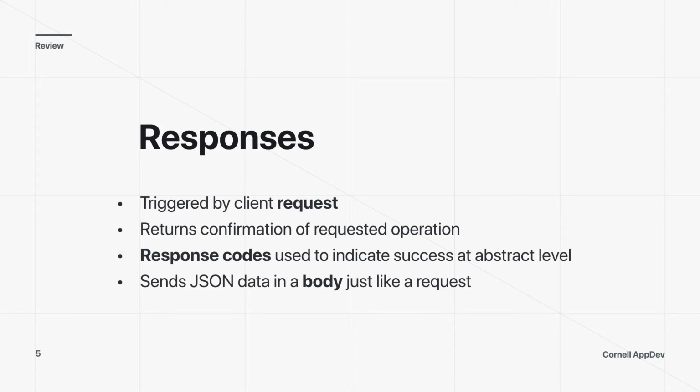Now, as for responses, they're triggered by a client request, and they also come with response codes such as 404 or 200 or 201, and they indicate either success or failure. They could indicate whether a client has successfully made a request at all, or if the server was just unable to respond appropriately. It's also in the form of JSON data, just like the request.